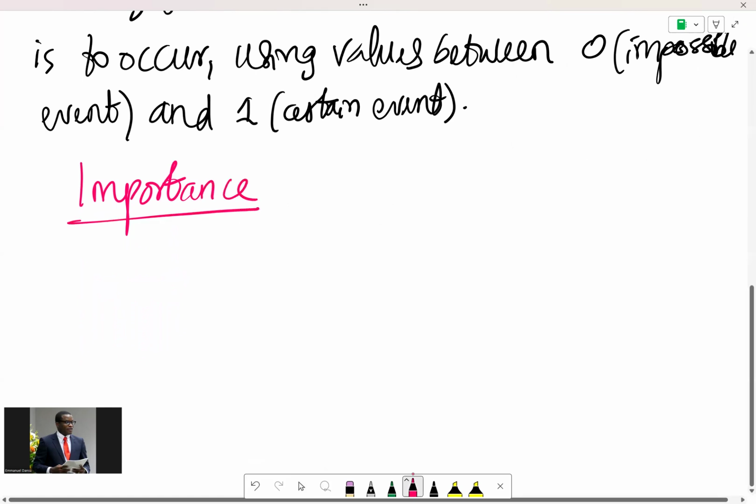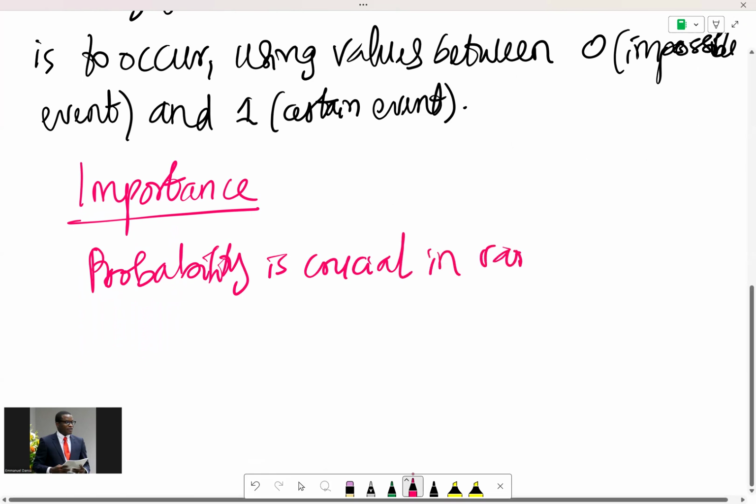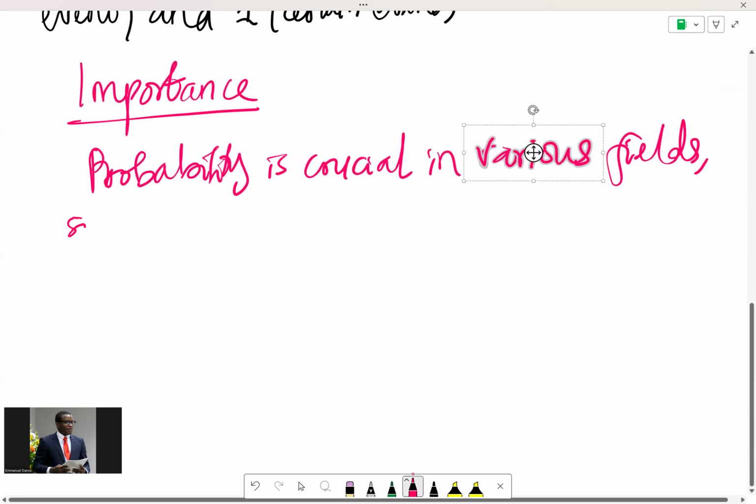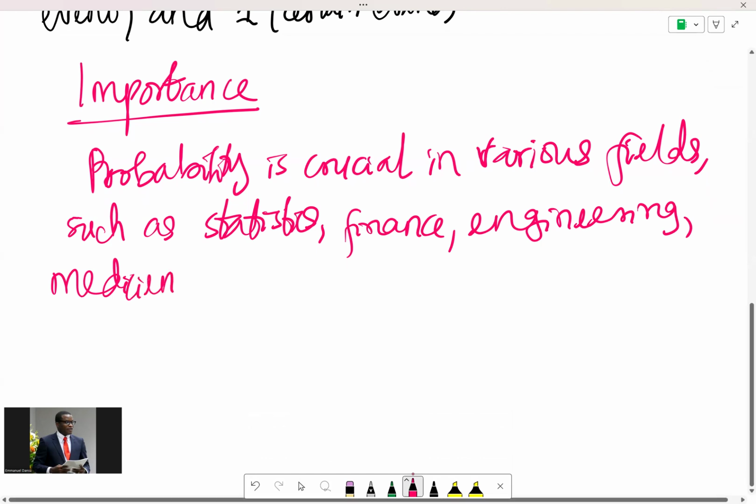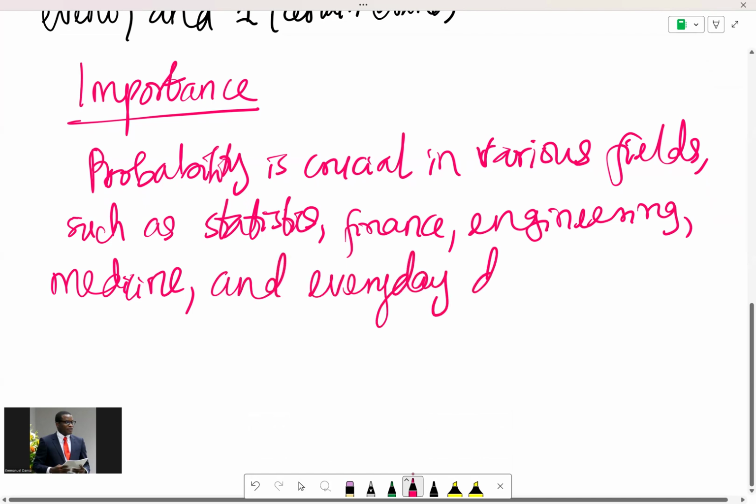The importance of probability is crucial in various fields, such as statistics, finance, engineering, medicine, and everyday decision making. So probability is that important.